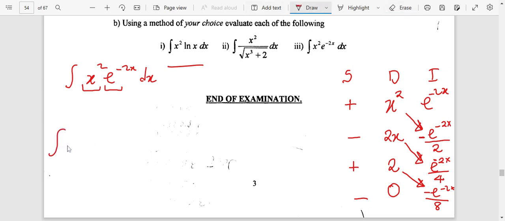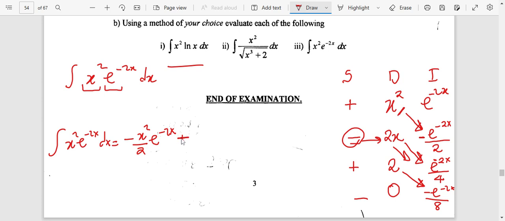That means that the question we've been given, the integral of x squared e to the power negative 2x dx, is going to be: we start with x squared times what is down there, that will be negative x squared over 2, and then we have e to the power negative 2x. Then we multiply negative times 2x times what's down there. That will be a negative 2x over 4, and then e to the power negative 2x. And then we get positive times 2 times what is down there.